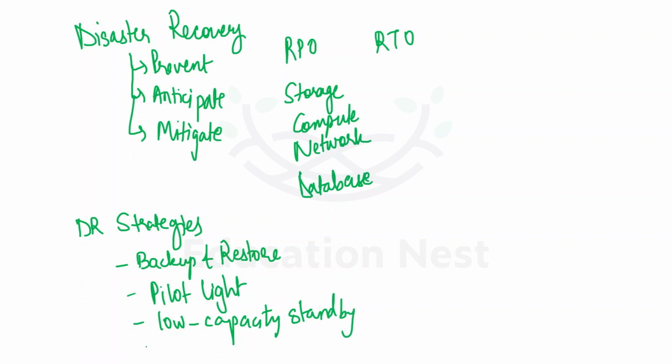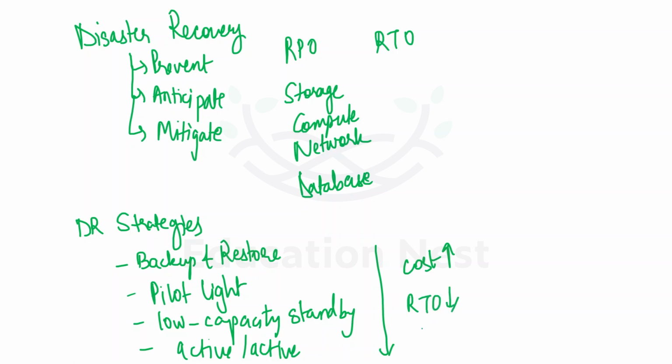And then we have active-active. As we go down over here, the cost will increase, but the RTO will decrease. The time taken to recover our business back to an active state would be reducing as we go down.